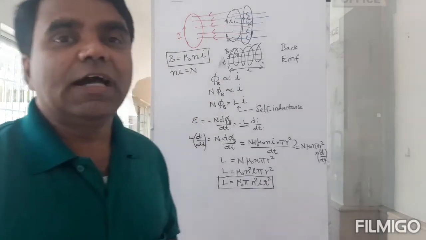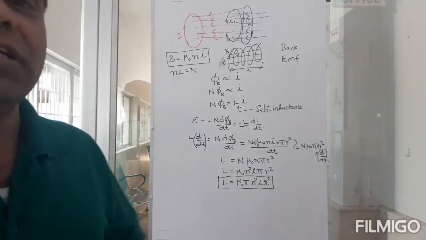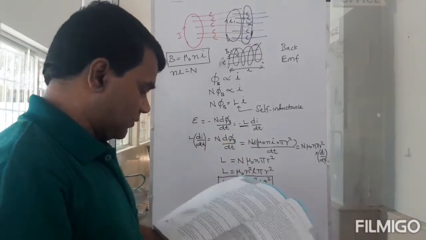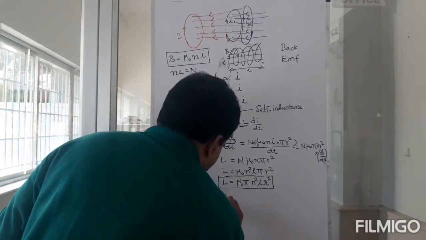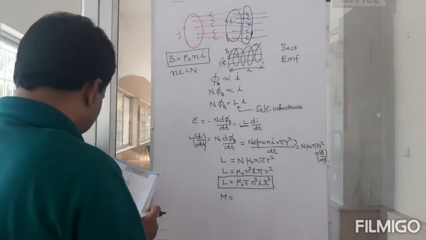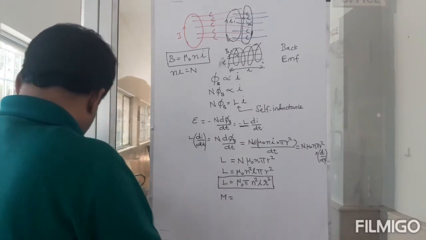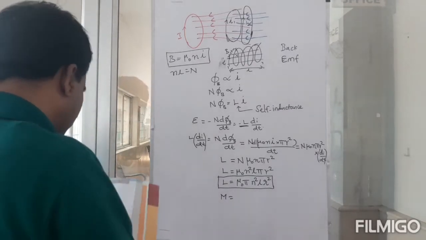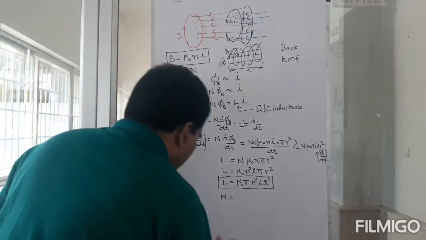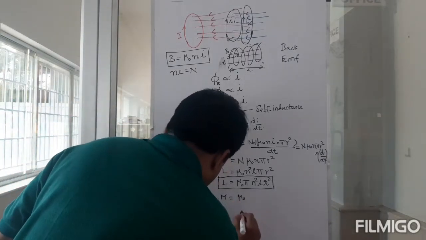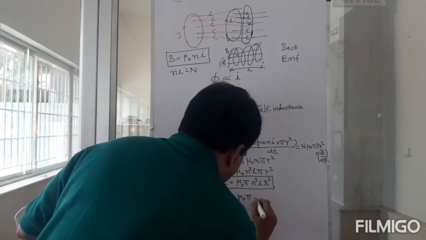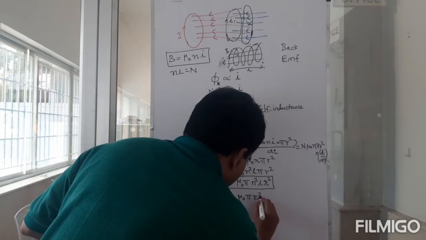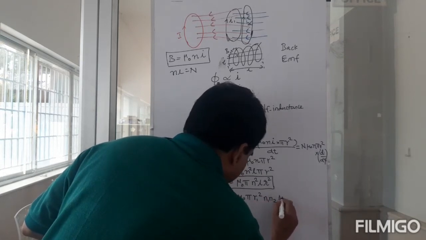And what did we have for mutual inductance? For mutual inductance, we had this expression: mu naught pi R1 squared N1 N2 over l.